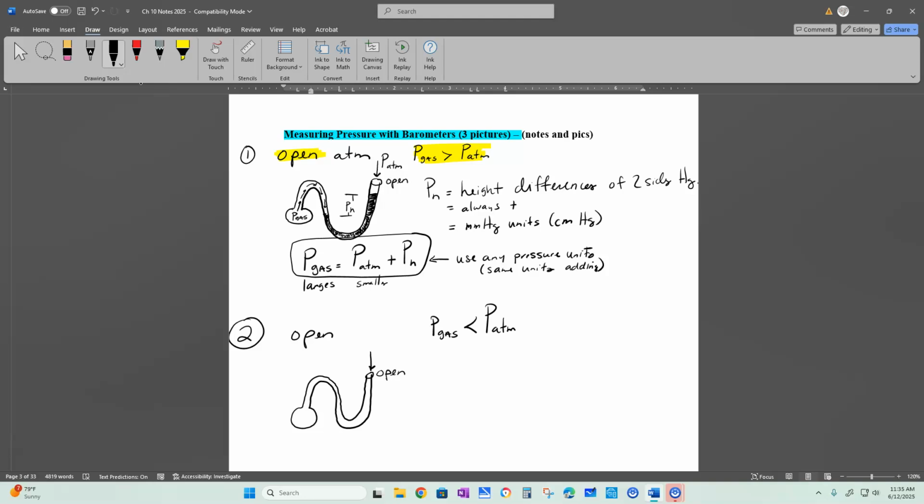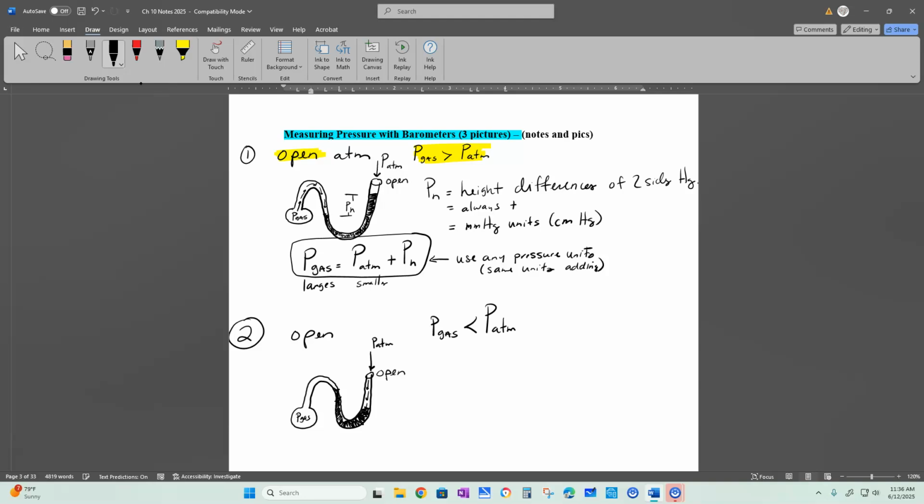And my P atmosphere that's coming in, the air pressure that's coming in, is actually so great that it can push the mercury closer to the gas. So now instead of the shading being higher on the right side, my shading's now going to be higher on the left side. Okay, so maybe it's about like right there.